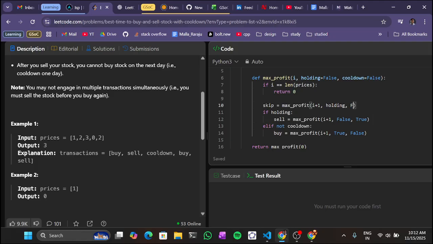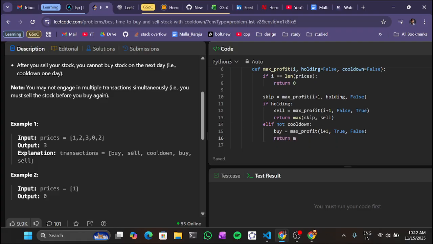In both cases, cooldown should be false if we are skipping it. So return the maximum of skip and buy.